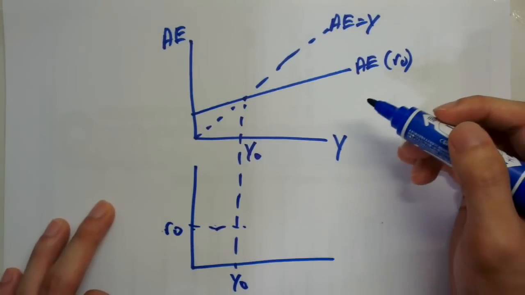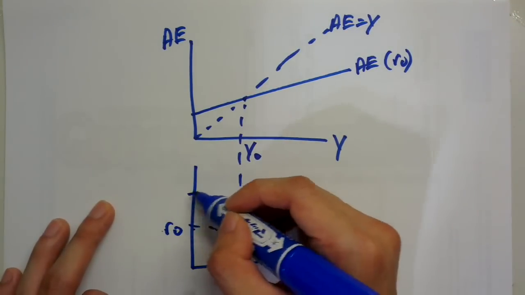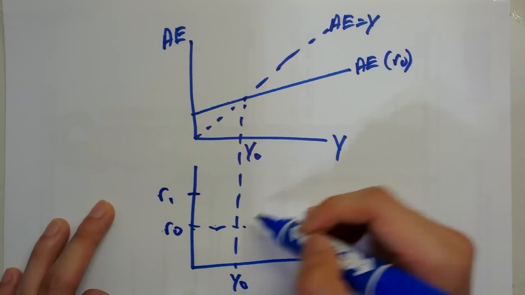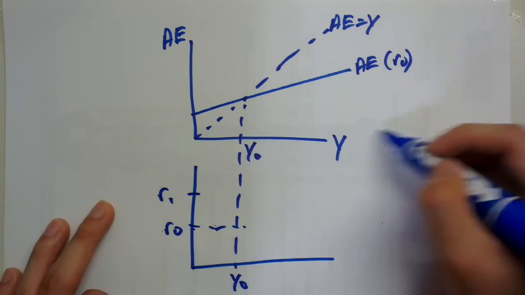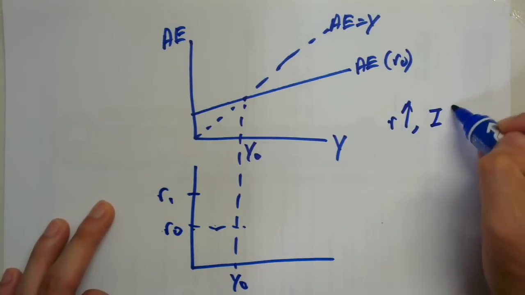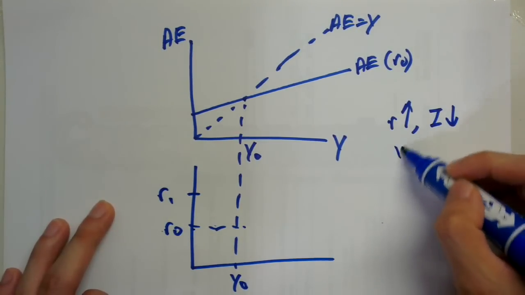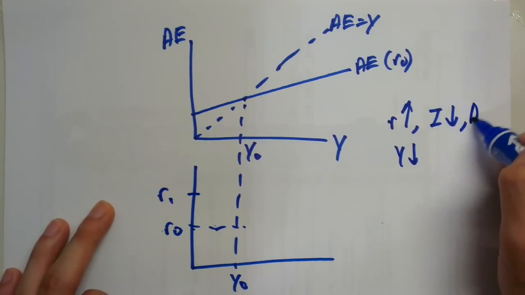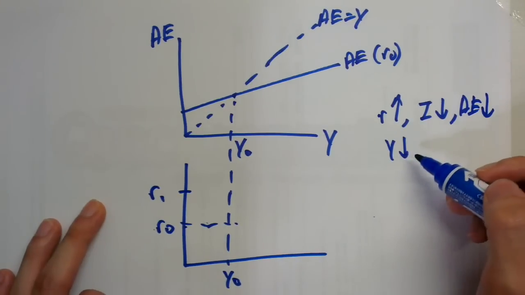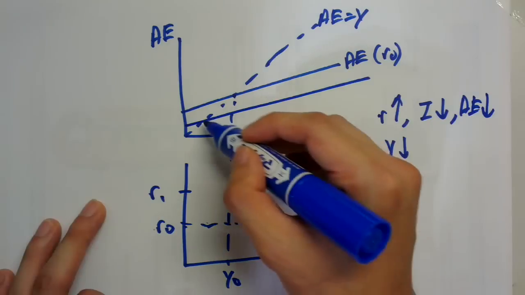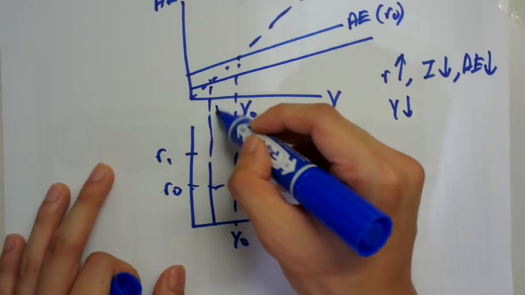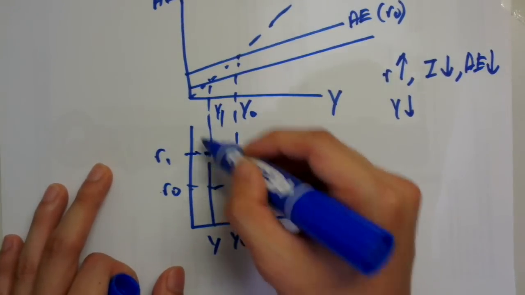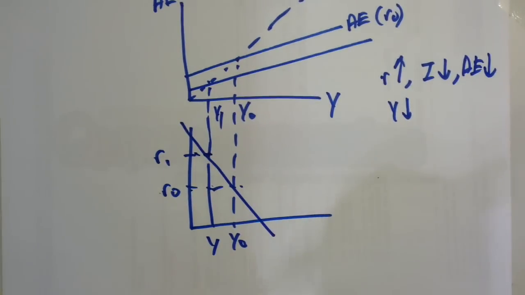So how to derive your IS curve? Just simply increase your interest rates to see a change. When interest rates increase, investments are going to fall. Therefore your AE is going to fall, and therefore output falls. So this is going to shift down, and then you have a new level of output at Y1. Combine the two lines, and you're going to have this thing over here.